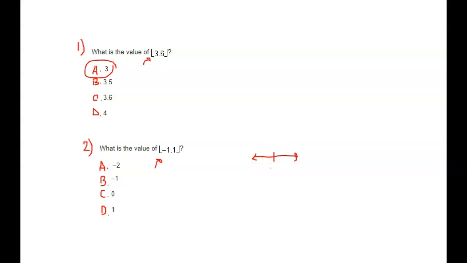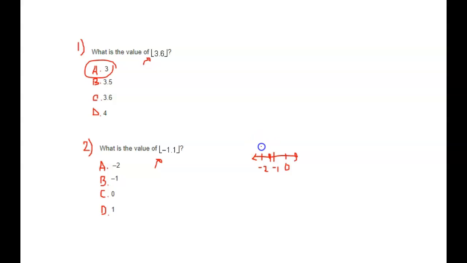If I'm talking about negative 1, and I have negative 2, and then 0, the greatest integer function is saying round down to an integer that's no greater than what's in the bracket. Well, negative 1.1 is somewhere right here.